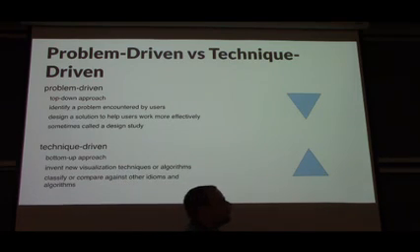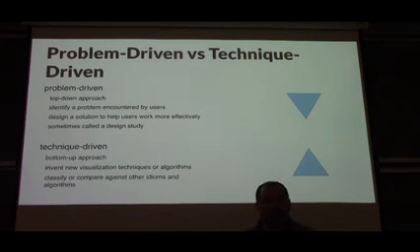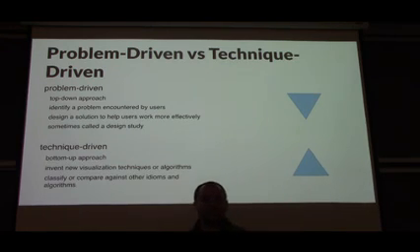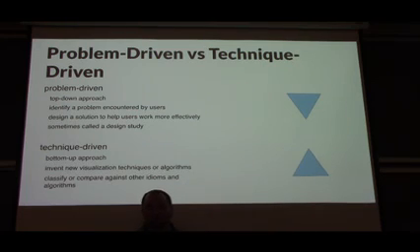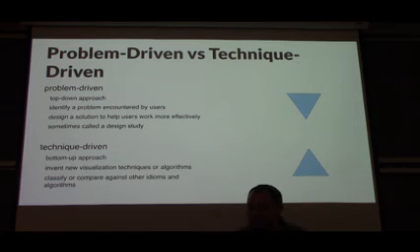In contrast to that, we have technique-driven approaches, which are bottom-up. Here you invent new visualization techniques or algorithms. For example, I define some kind of objective criteria, what is a good graph layout, I want to minimize edge crossings and so on, and then I come up with a new graph layout algorithm. That would be a technique-driven approach.